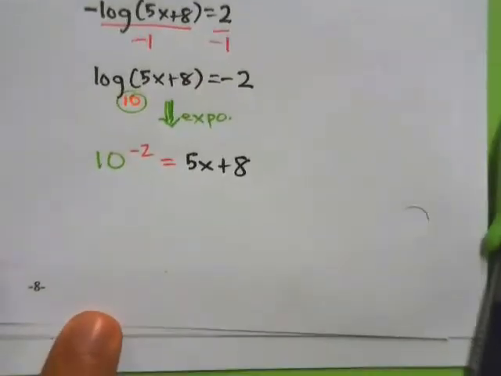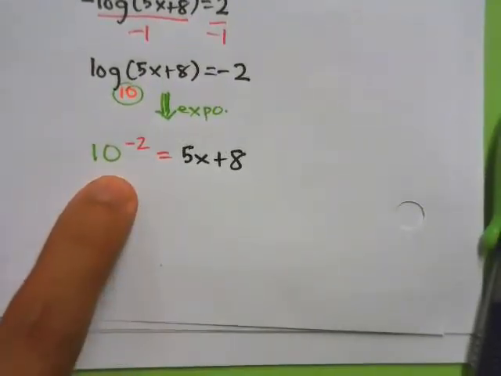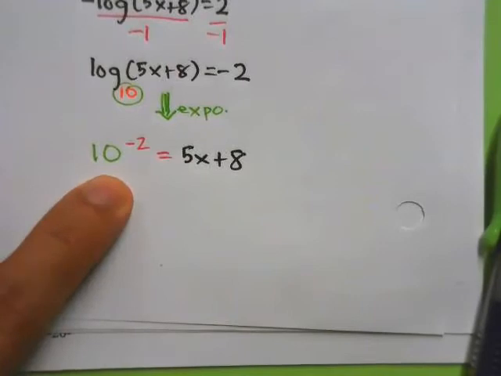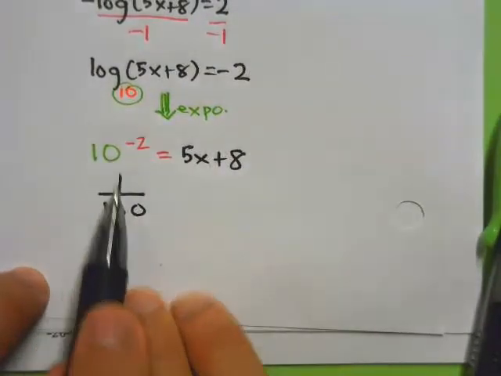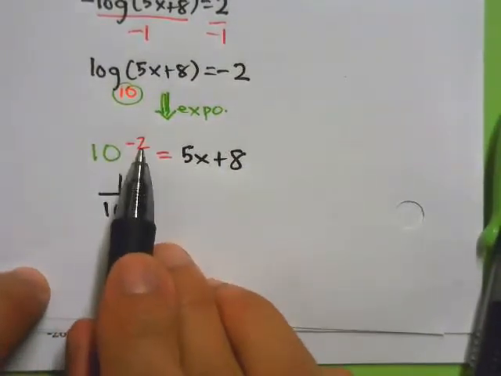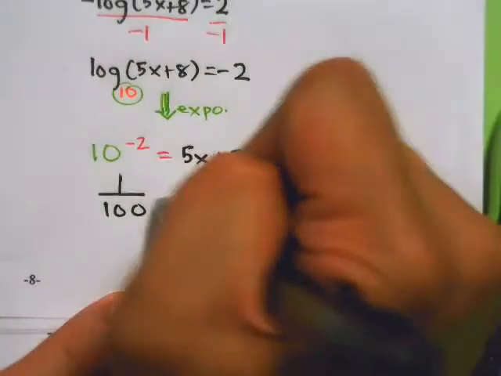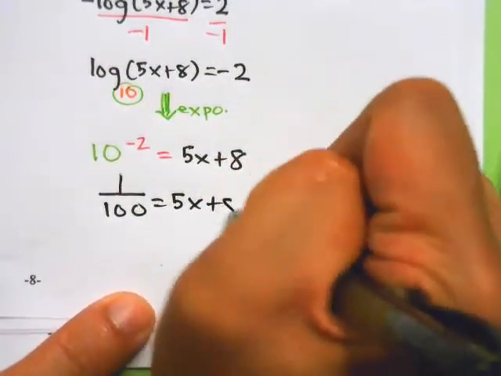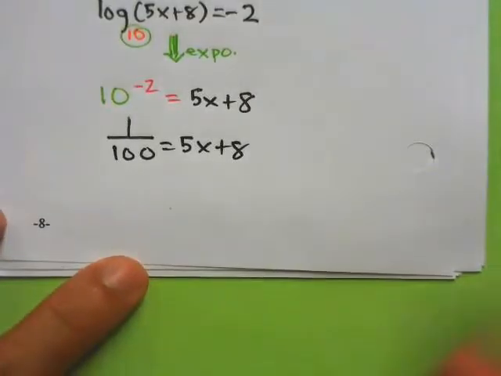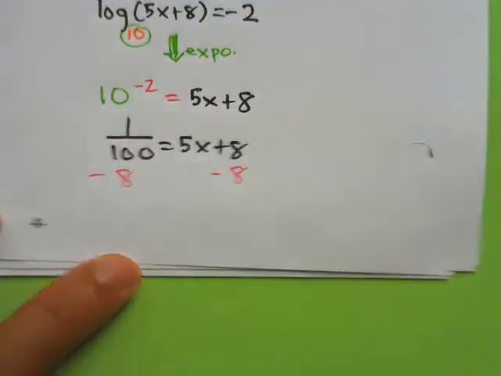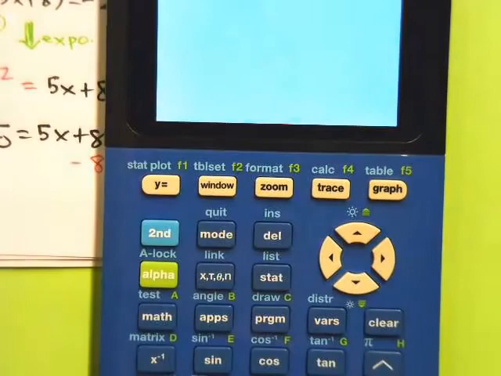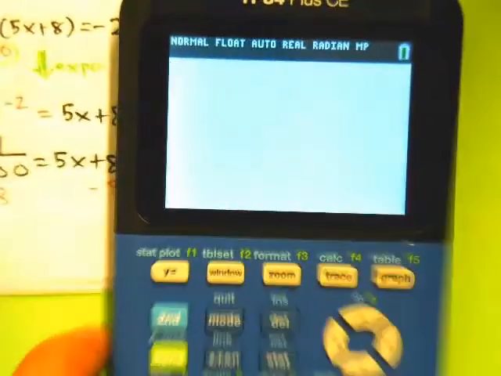All right. I'm just going to have to change this. 10 to the negative 2 is going to be 1 over 100. We put the 10 into the denominator, and then 10 squared is going to be 100. I'm just going to have to use my calculator, really, minus 8. I'm not going to do this by hand.